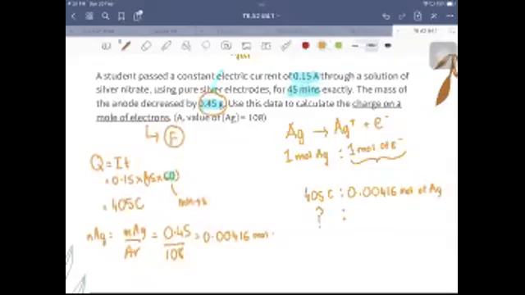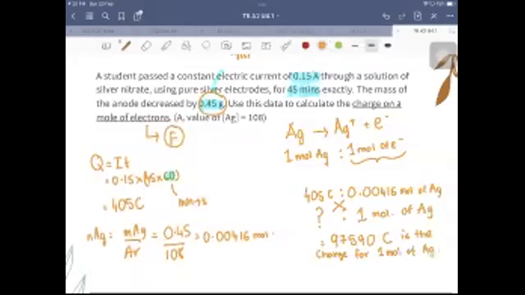So what is the charge released, because it's electrons given out, when we want to decompose 1 mole of silver? So you work out this ratio. It should work out as 405 divided by 0.00416, so this is 97590 coulombs, the charge released for 1 mole of silver.